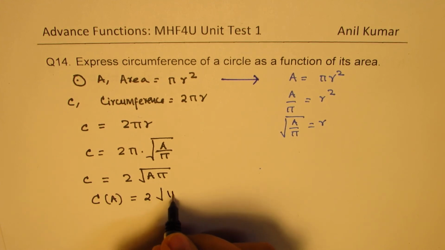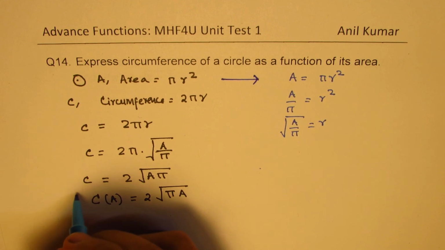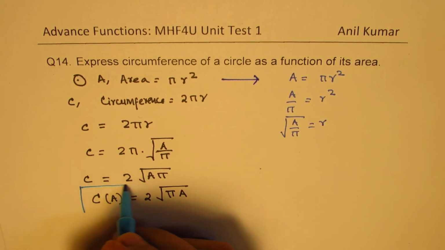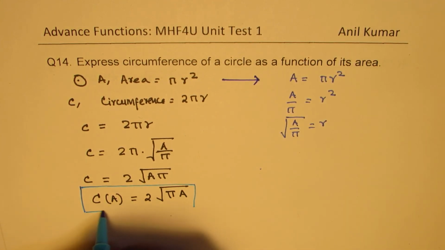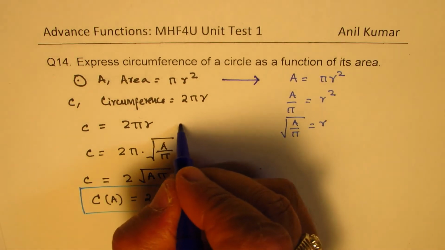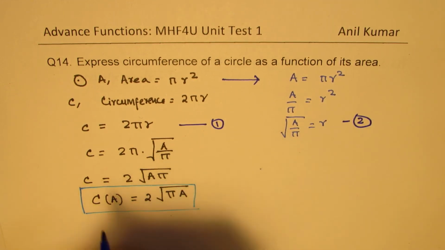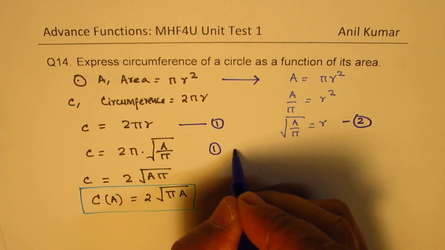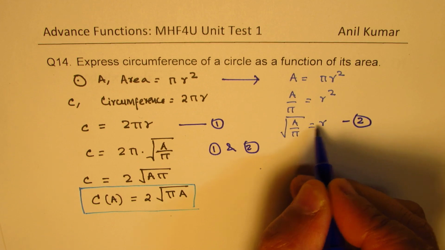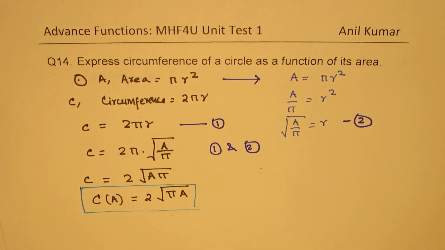Pi is a constant, so it's better to write pi first. So that becomes our relation. Is that clear to you? So if I call this equation 1 and this equation 2, we get this from equations 1 and 2. We substitute the value of r here to get our solution. Correct? So that's how you could do it.